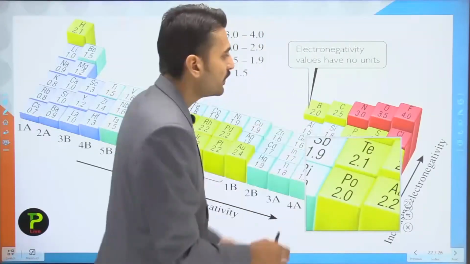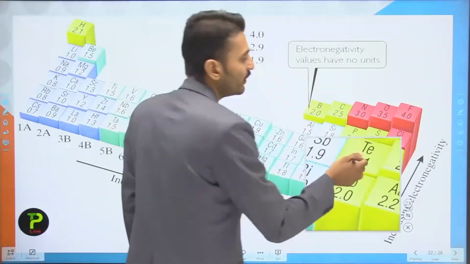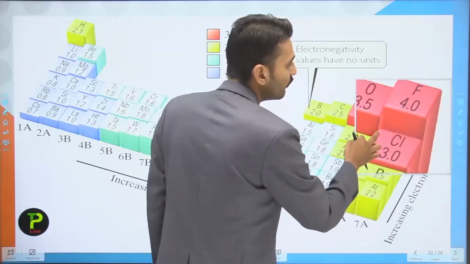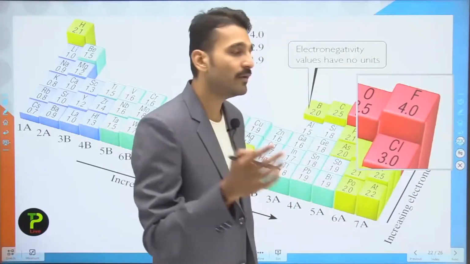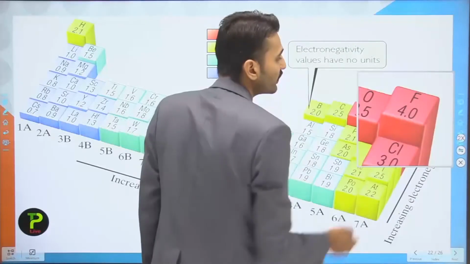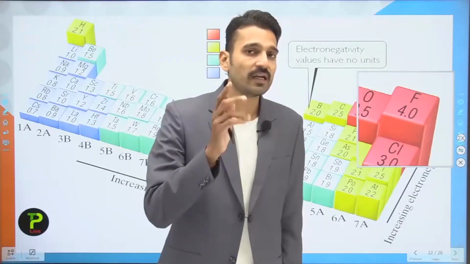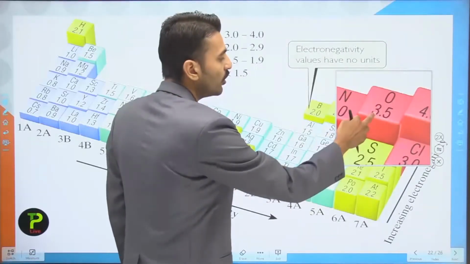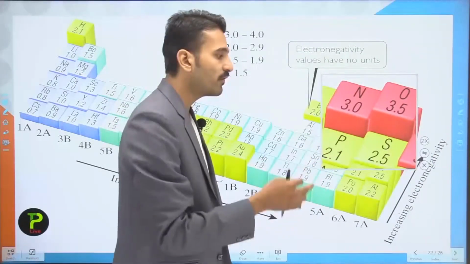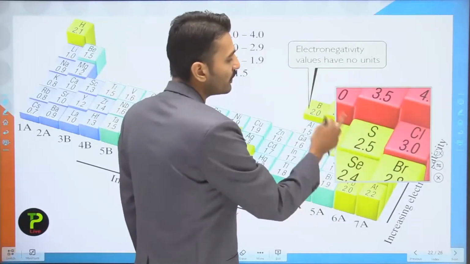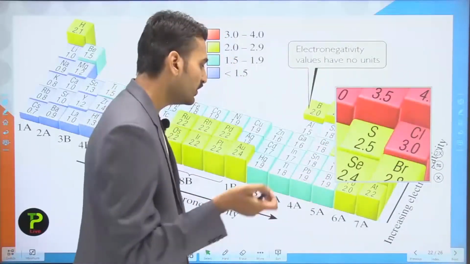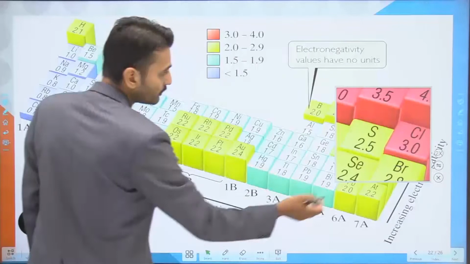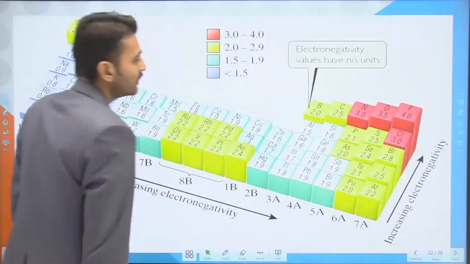So you know that the highest value of electronegativity is for fluorine, the halogen element. After fluorine, oxygen and nitrogen have lower values, and chlorine has a value approximately equal to that of nitrogen.